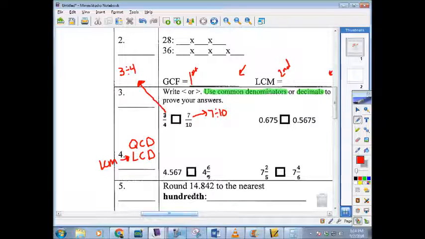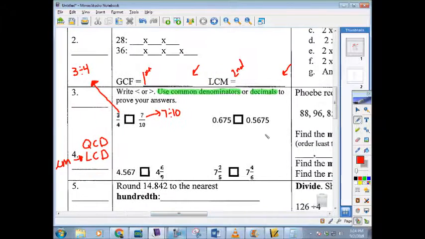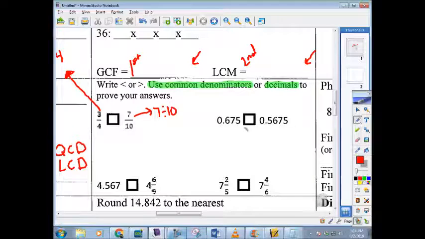Now, you could do it either way, common denominators or decimals. But if I go over to this one, just remember, guys, I gave you that other little strategy, where you take these two numbers and line them up by place value. So I'm just going to bring that one over here. I'm going to put 0.675.